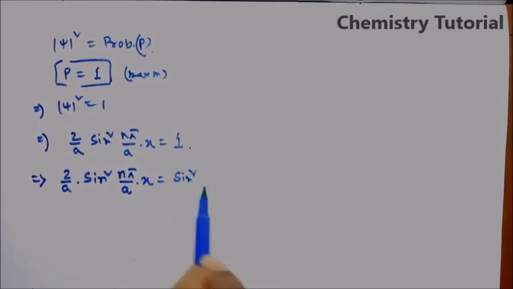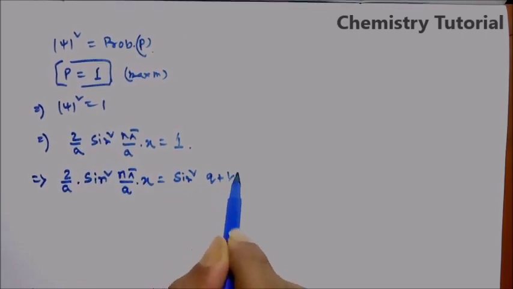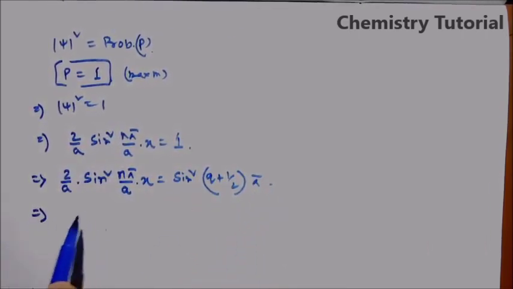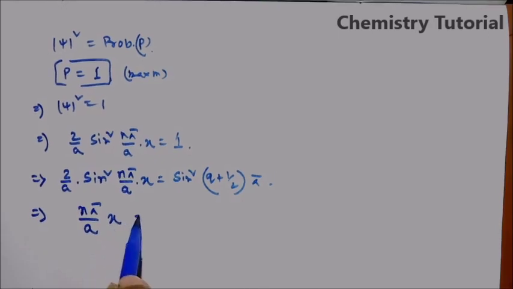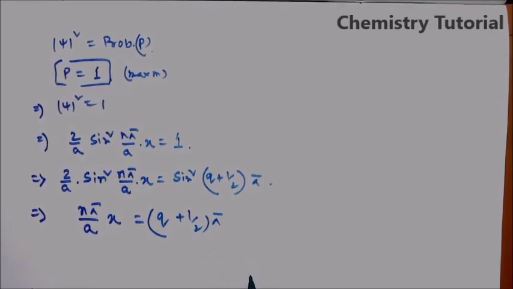So this is equal to 2 by a sine square n pi by a into x, sine square (q plus half) into pi. So pi cancels out.